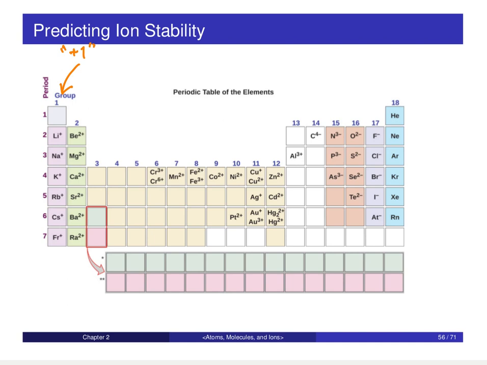If you move over to group 2, all of those ions in that group 2 region tend to have a +2 charge. Then I'm going to move you all the way over, and draw your attention to group 15. Notice that these elements in group 15 tend to have a 3- charge.